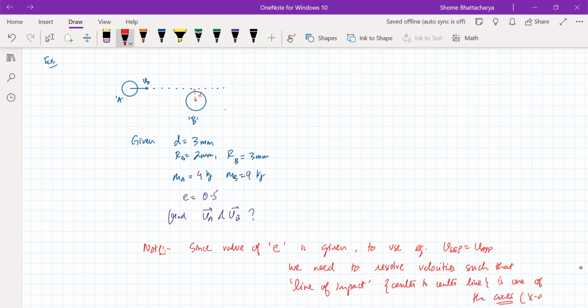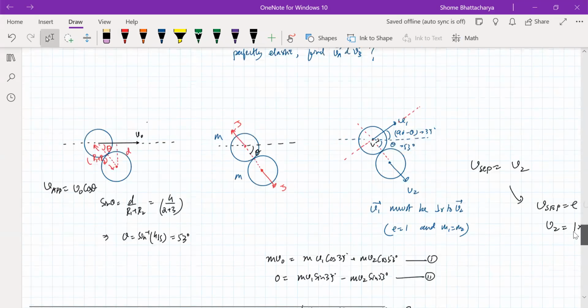So let's take it as our x-axis. Instead of taking the V0 velocity's direction as our x-axis, we'll take the center to center line as our x-axis.